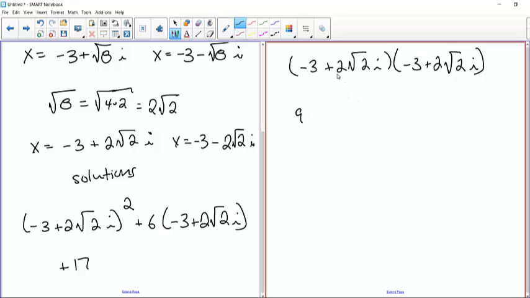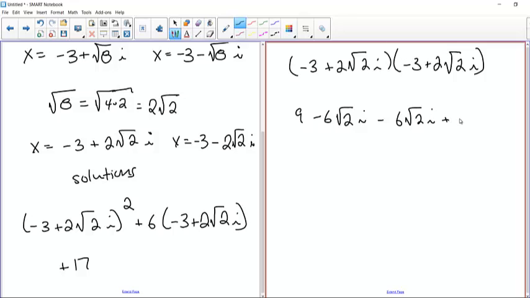Then we'll get outside, it will be negative 3 times 2, which is negative 6, square root of 2 i. So that's the outer. Then we'll get the same thing, negative 6 square root of 2 i for the inner. Negative 3 times 2 is negative 6. And then you multiply these together.